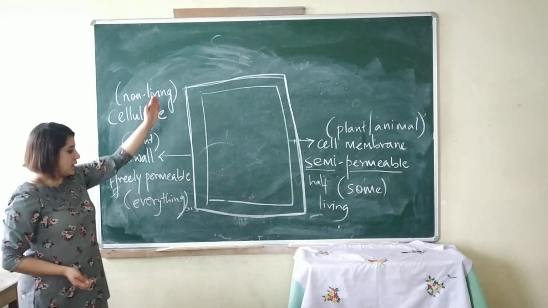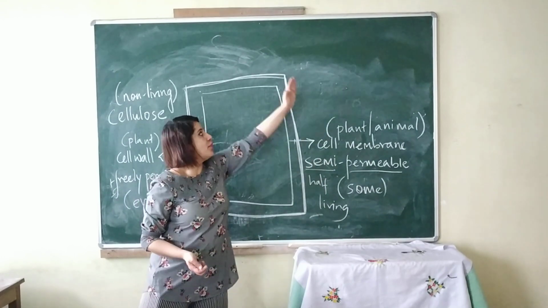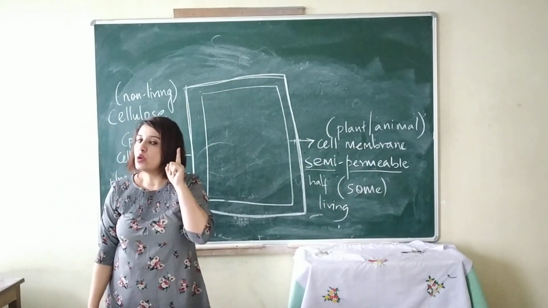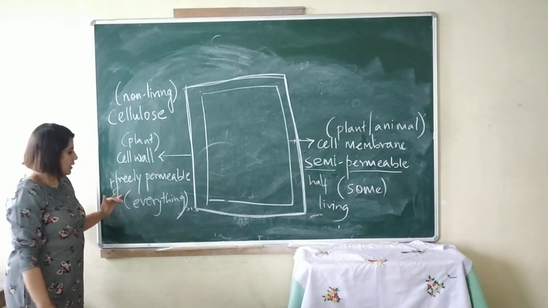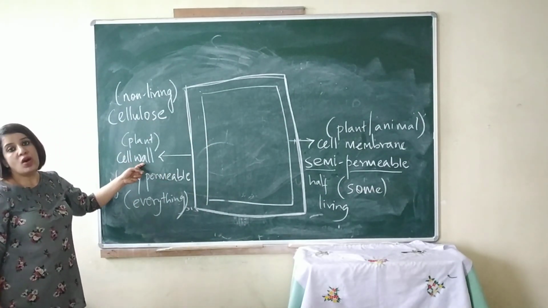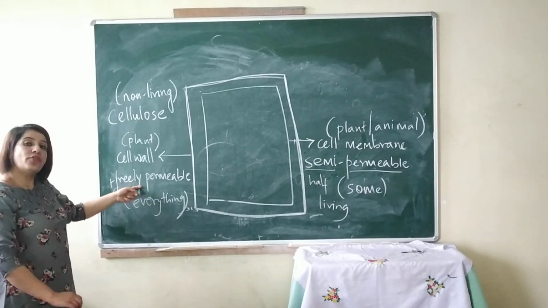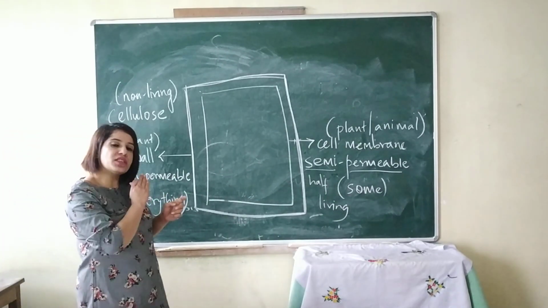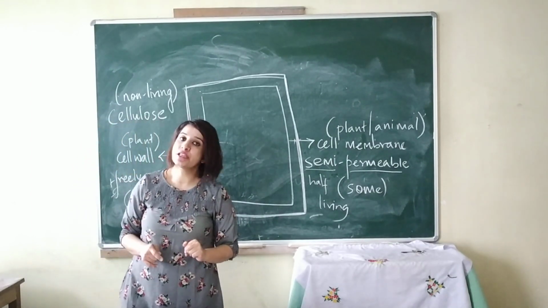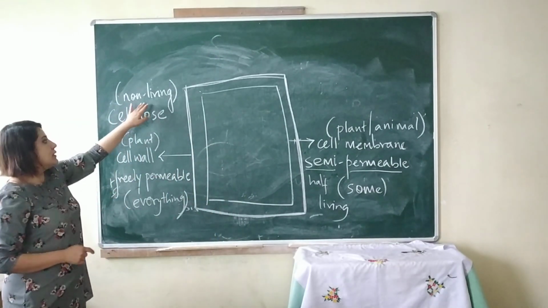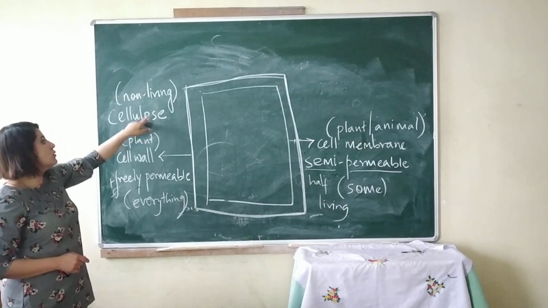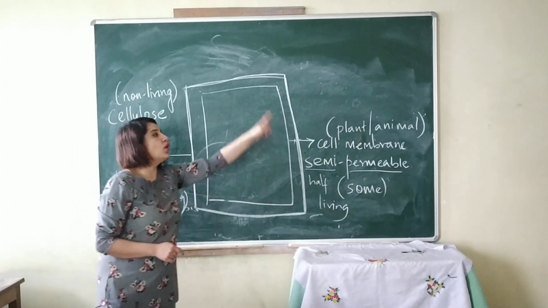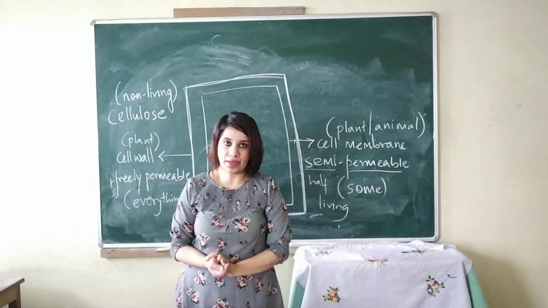In the plant cell, there is another membrane found outside the cell membrane. Remember, only in a plant cell. It is called the cell wall. It is a freely permeable membrane, which means it allows everything to pass through it. It is composed of cellulose, which is a non-living substance. Hence, the cell wall is non-living.